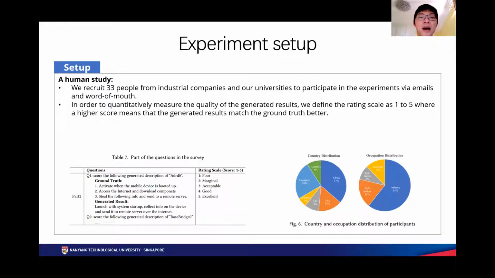In the human study, we measure the quality of the results. We define the rating scale as 1 to 5, where a higher score means that the generated results match the ground truth better. You can see part of the questions in the human study survey in table 7.